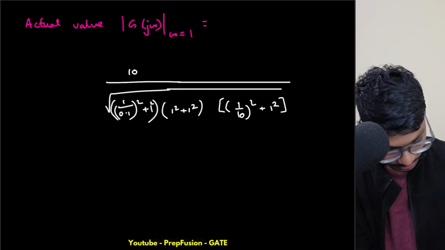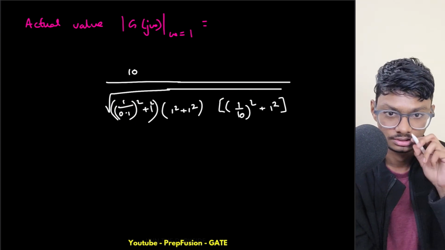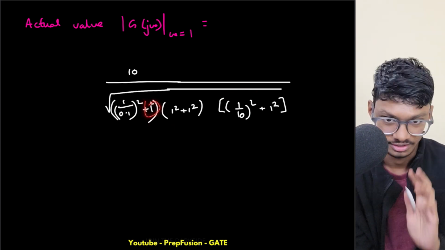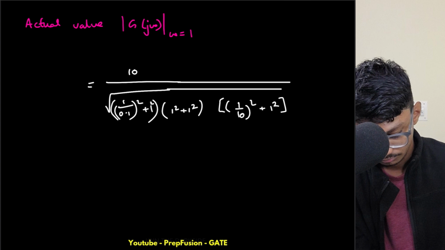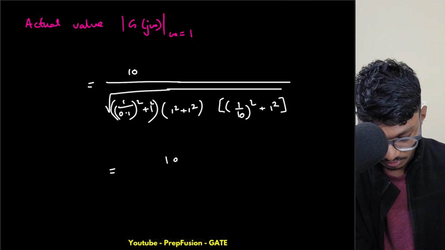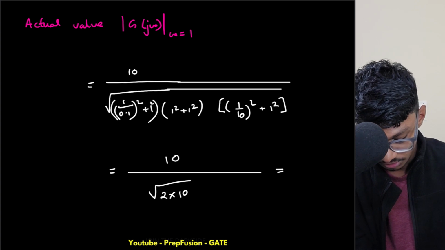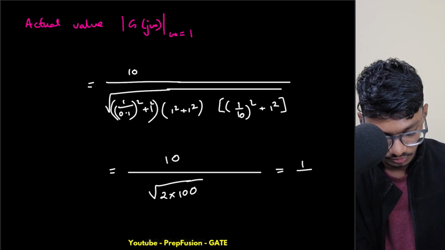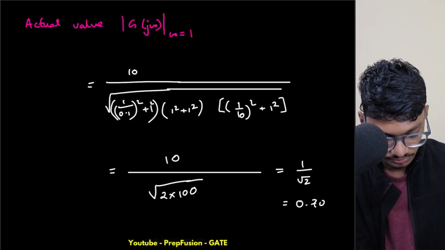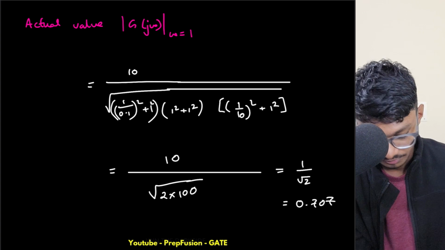Obviously we can ignore this; only this and this will remain because 1 by 0.1 is 10, 10 square is 100, so 100 times 2, ignoring this one here and this one here. So what I will get is 10 upon under root 2 times 100, so this is 1 by root 2, which is 0.707. So in dBs, if we calculate this one, this will be minus 3 dB. Okay, in dBs this will be minus 3.